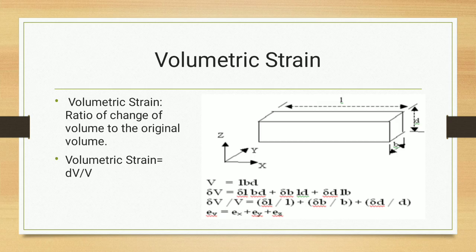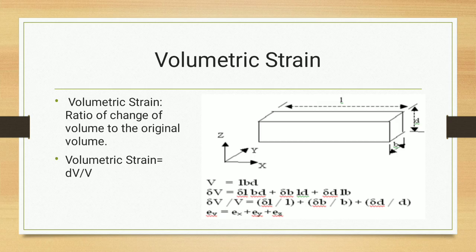Suppose we have a rectangular box which has the dimensions B, D and L. So volume can be given as L into B into D. Change in volume can be given as change in length, change in width and change in depth. So change in length into B into D, delta L B D plus delta B L D plus delta D L B.